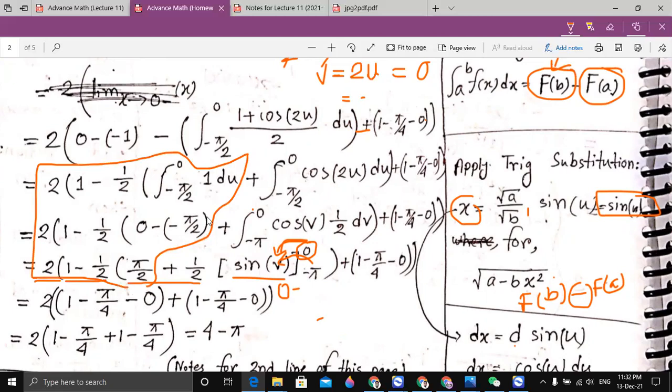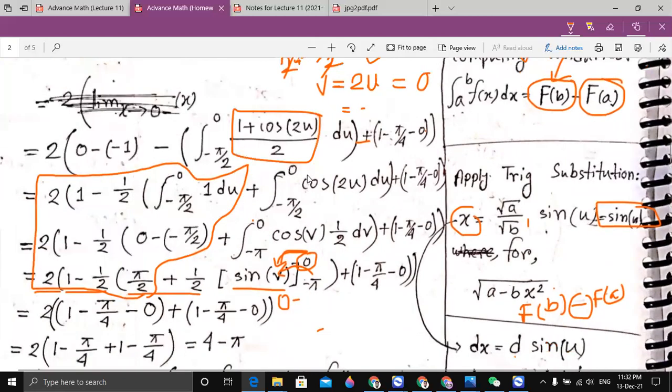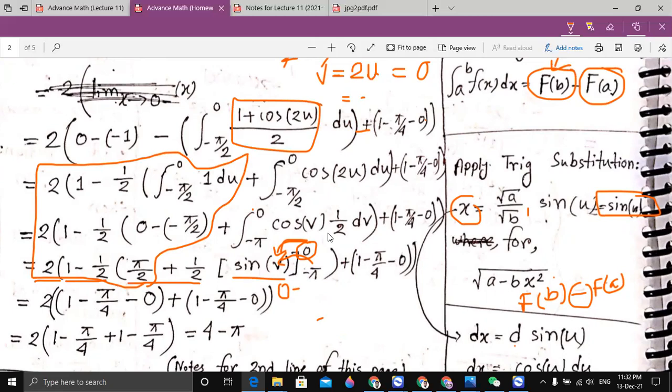So this part is here like on du. And then we came up here, right? So we calculated and we get sine u, right? We get sine v from minus pi to 0. And this half is this constant, okay.